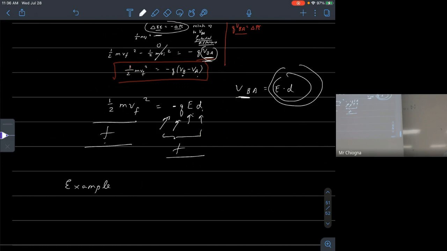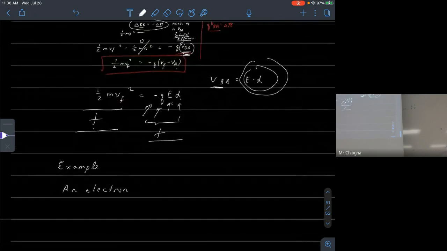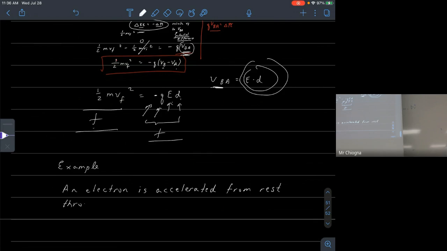So this is an electron accelerated from rest through, pay attention to what the words say, through a potential difference. You need to be aware what that is.